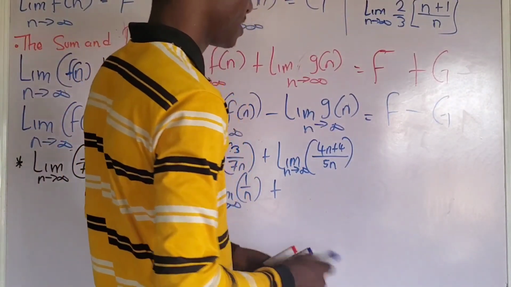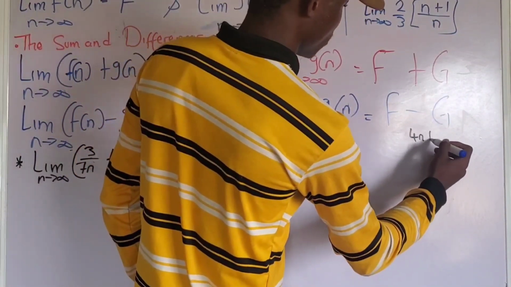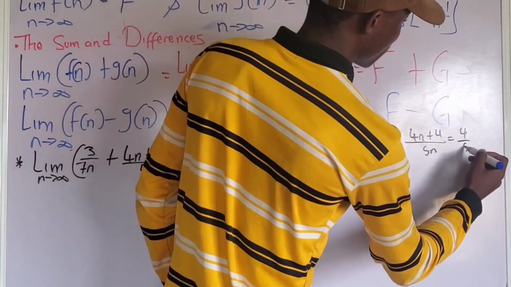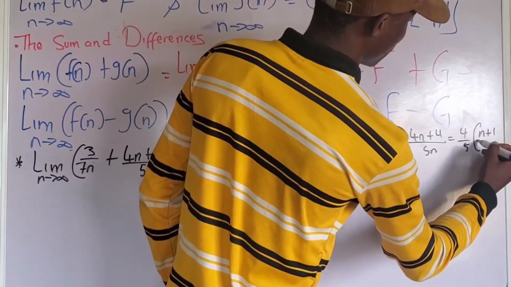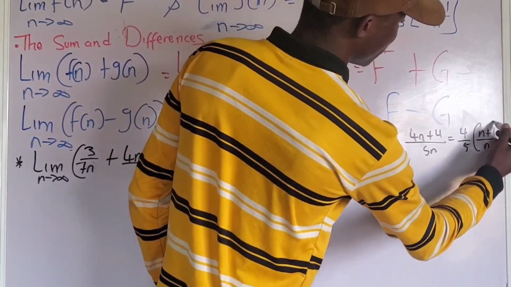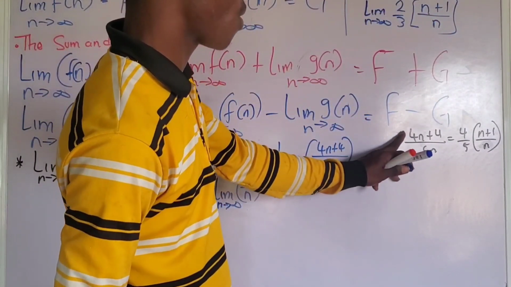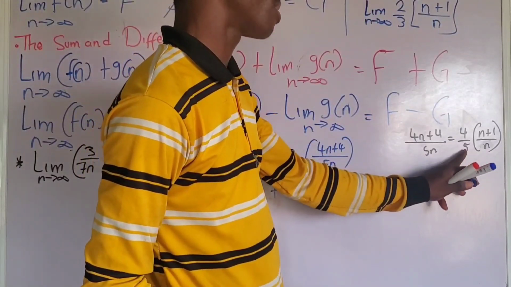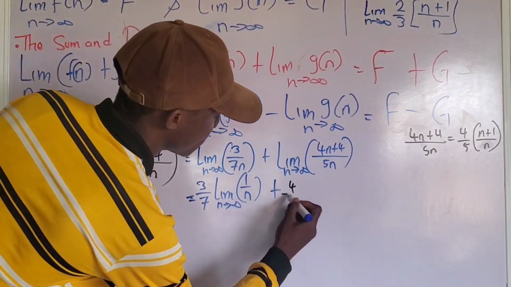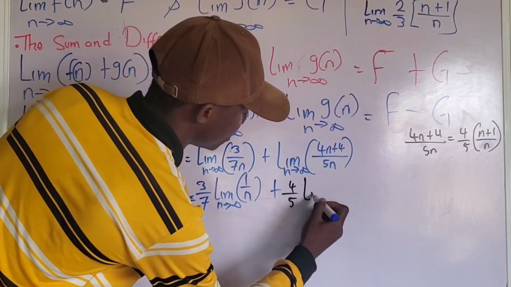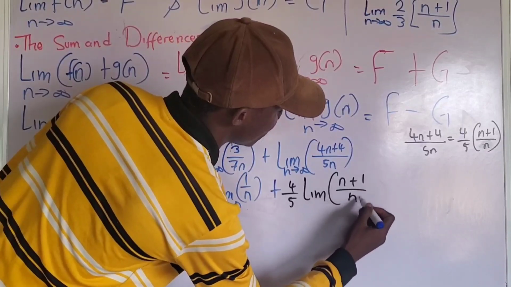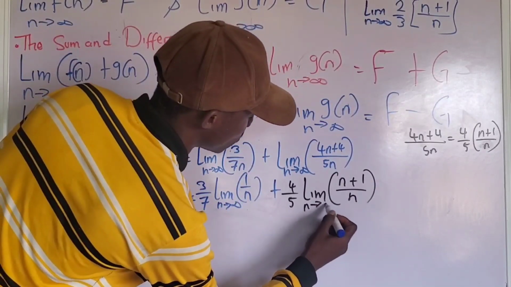You see, 4n plus 4 all over 5n can be written as 4 over 5 into bracket n plus 1 all over n. It's just like I factorize 4, then I bring 5 outside. So for this I'm going to have 4 over 5 limit of n plus 1 all over n as n tends to infinity.